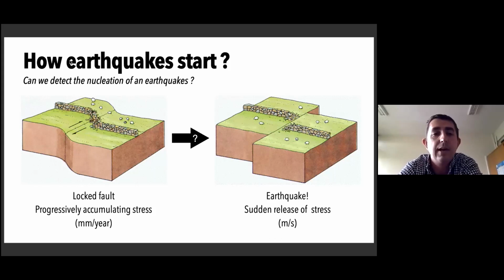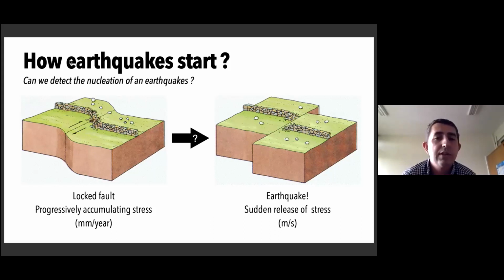At some point, that fault cannot hold the accumulated stress, and it breaks into an earthquake. The stress that has been accumulated is suddenly released, pretty fast as well, on the order of meters per second.